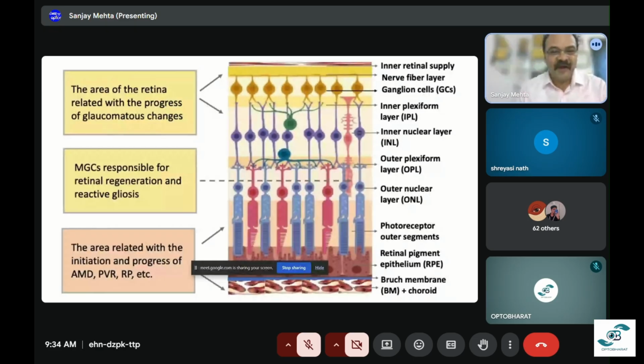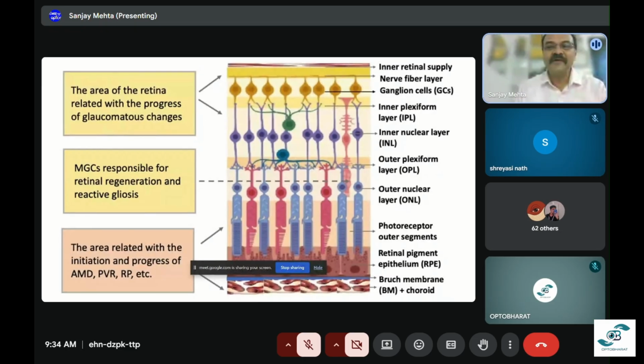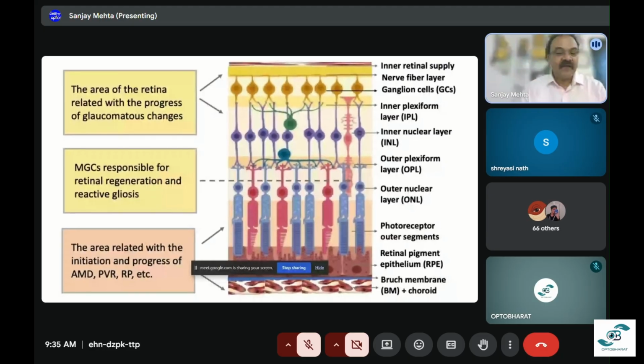The one on the top is the nerve fiber layer and ganglion cells, which is very important, as that is where the glaucomatous changes happen. The middle layer keeps the whole retina intact, with the rods and cones, the photoreceptors, pigment epithelium, and Bruch's membrane. These are the parts where AMD or retinitis pigmentosa and all that happens.